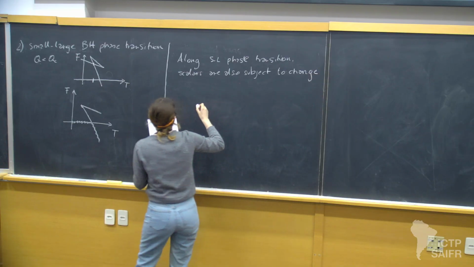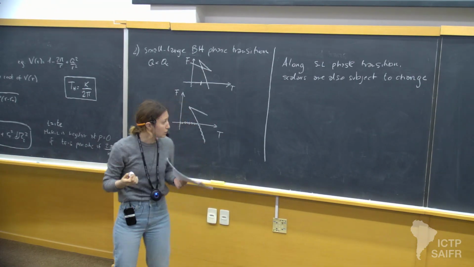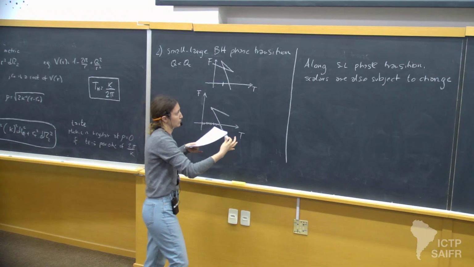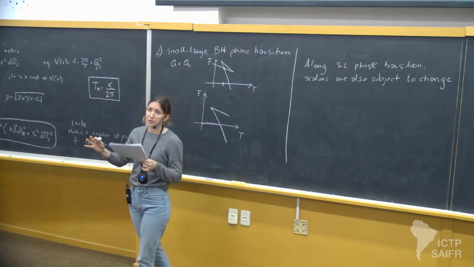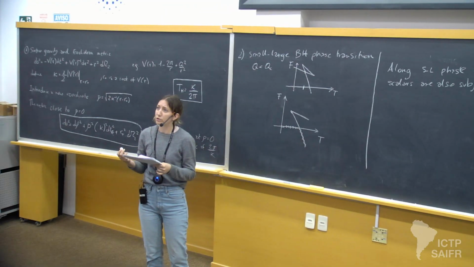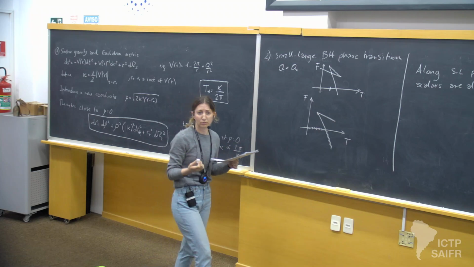So if you plot the scalar, when you have a configuration supported by scalars, the asymptotic value in the expansion of the scalars gives you information about the VEV and the source for the dual operator in the conformal field theory.